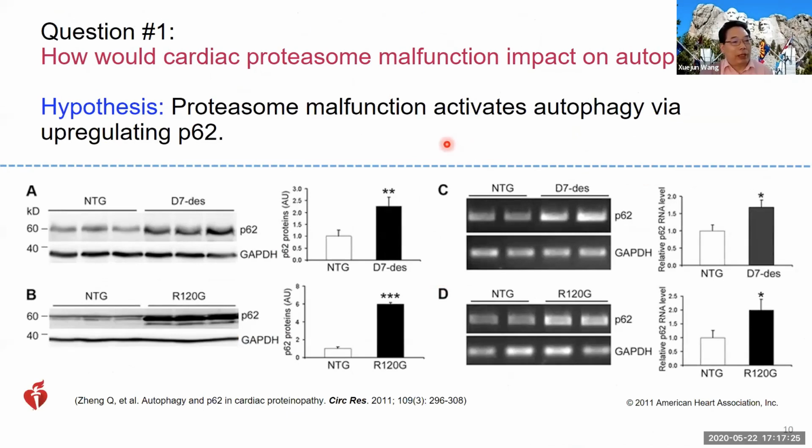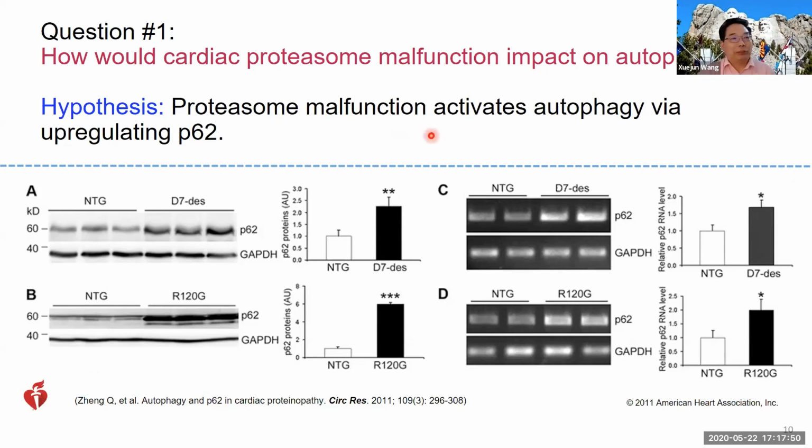I'm going to try to address two questions in this talk. Question 1: how would cardiac proteasome malfunction impact autophagy? Here the hypothesis is that proteasome malfunction activates autophagy through upregulating P62.